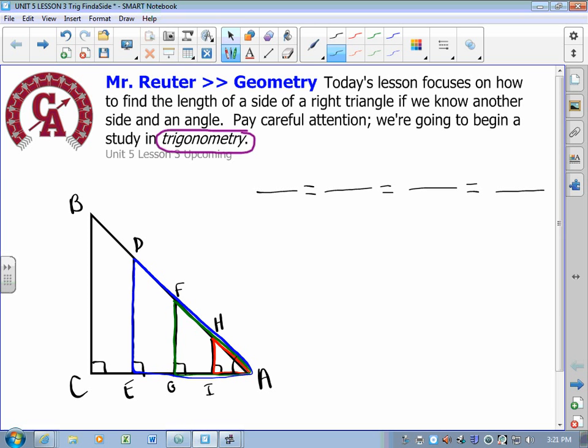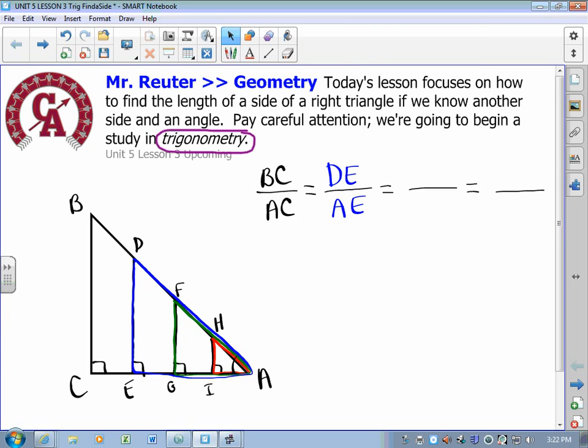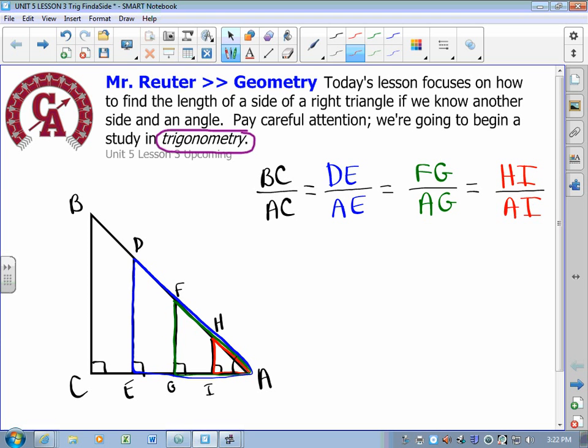For example, the ratio of BC to AC, the vertical looking segment to the horizontal looking segment, is the same as DE to AE, is the same as FG to AG, is the same as HI to AI. Vertical segment to horizontal segment is always the same all the way across the board.